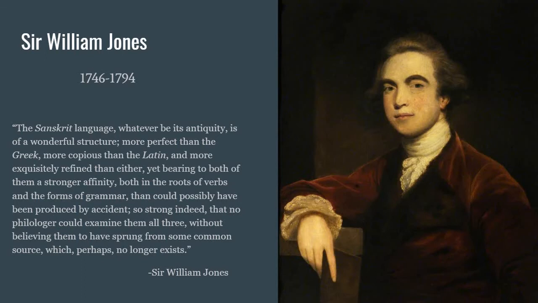In one of his famous quotes, Jones said, "The Sanskrit language, whatever be its antiquity, is of a wonderful structure, more perfect than the Greek, more copious than the Latin, and more exquisitely refined than either, yet bearing to both of them a stronger affinity, both in the roots of verbs and the forms of grammar, than could possibly have been produced by accident. So strong indeed that no philologer could examine them all three without believing to have sprung from some common source, which, perhaps, no longer exists."